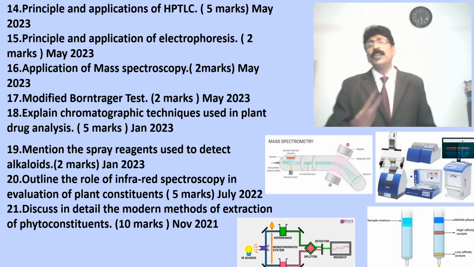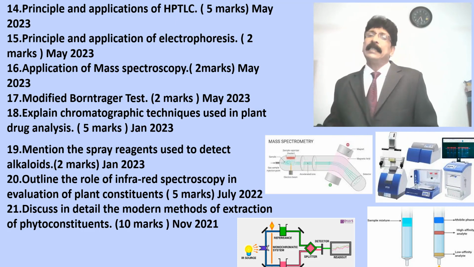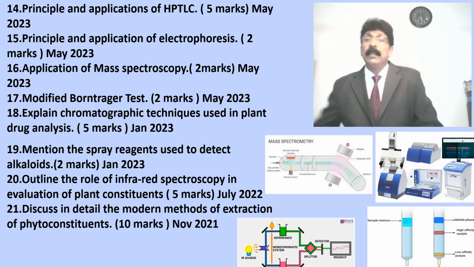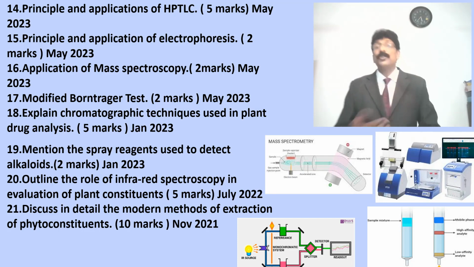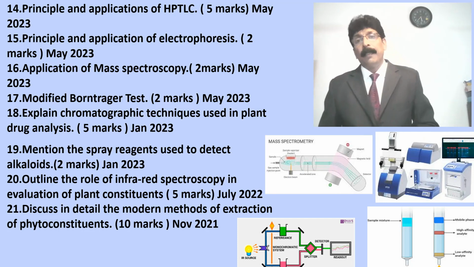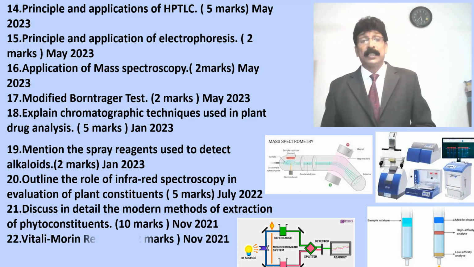The student should write all the basic techniques of extraction and the modern techniques, like those for volatile oils, with names and explanation. And you should also write about liquid carbon dioxide, critical point fluid, and extraction using liquid carbon dioxide can also be explained.